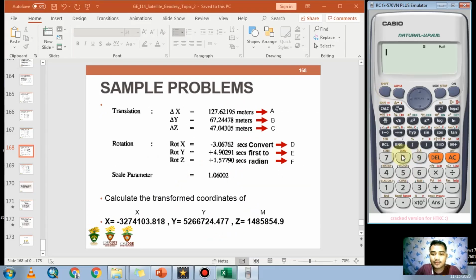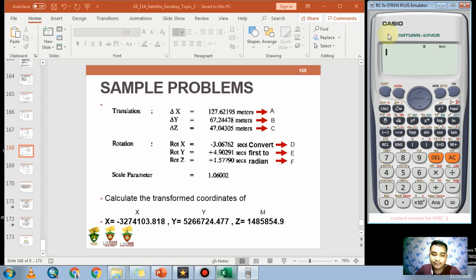So, alright, to solve this one, the sample problem number 1, we are going to use the calculator. But in your exam or sa inyong quiz, though nagamit ako calculator, dapat makita sa inyong solution na nagbutang mo dito og shift solve.